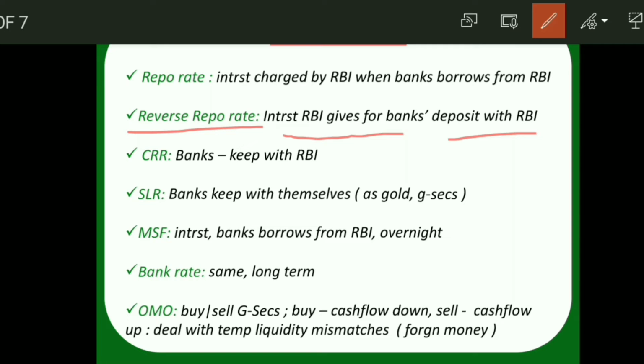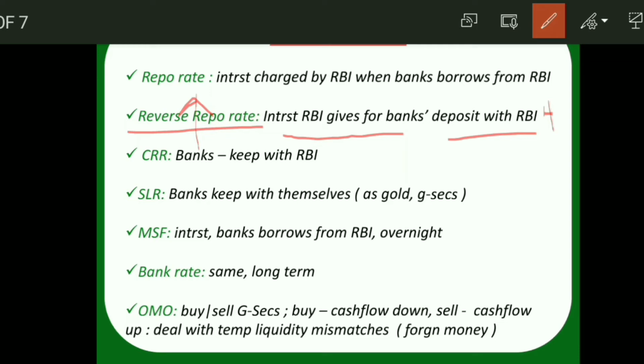So what happens if reverse repo rate increases, which means RBI is willing to give more money to the commercial banks to park their money with RBI. So they will prefer to park more with RBI to earn more. Okay, why take the market risk? This is a short profit.